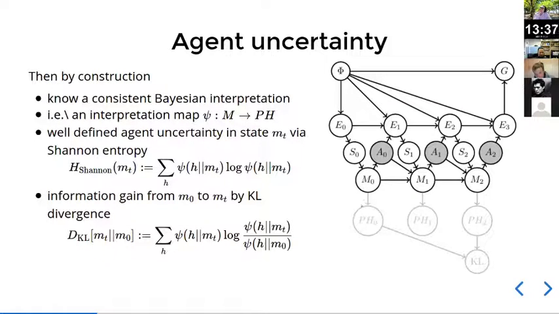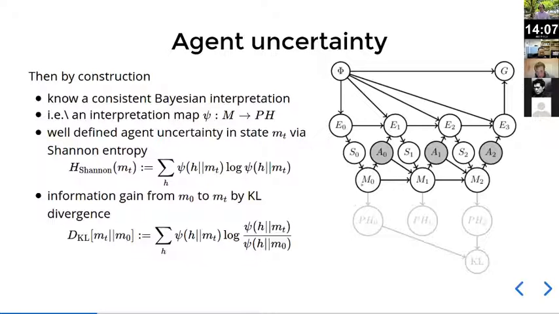They cannot be stochastic. They must be deterministic. And so if you have this psi, that means that you have this function that maps each state of the agent to some belief state. And then if you want to know what the uncertainty of this agent is, then you can just use the Shannon entropy of this belief distribution.